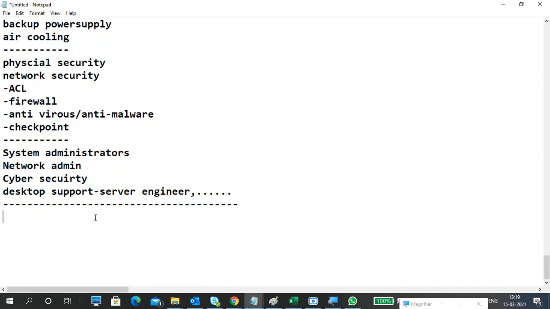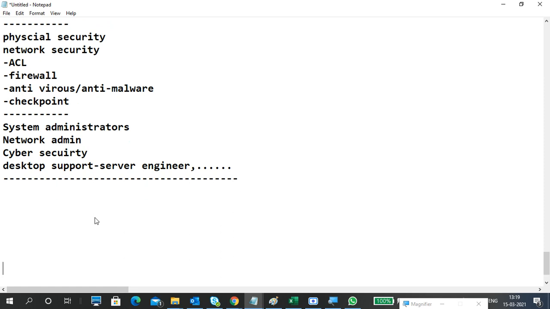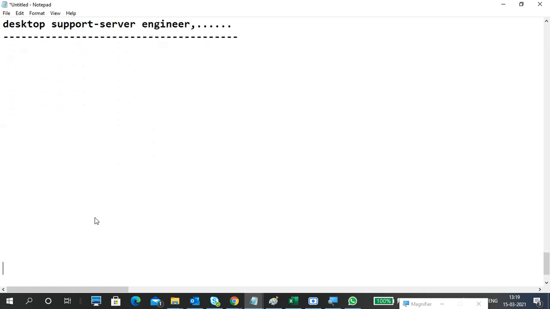Now my organization is very limited, a very small organization, so I cannot afford this much cost. I can't hire a system admin, network admin, junior network admin, and senior network administrator and then give the entire infrastructure to them.